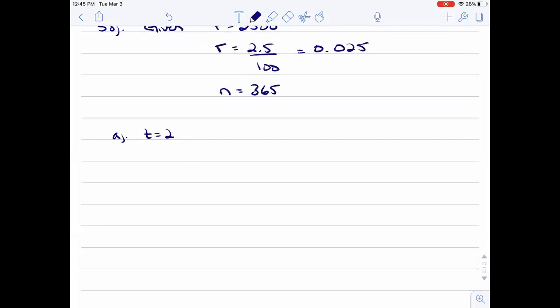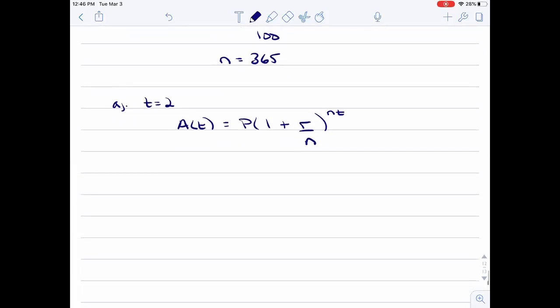So if we use this formula, the amount after time T in general is going to be P times 1 plus R over N to the power of N times T. So we've got a principal amount of 2,500. So the amount after 2 years, A of 2, is 2,500 times 1 plus the rate, which was 0.025, over 365.